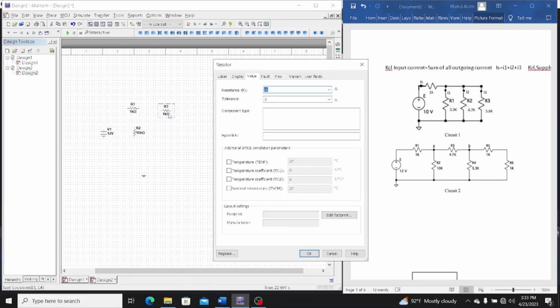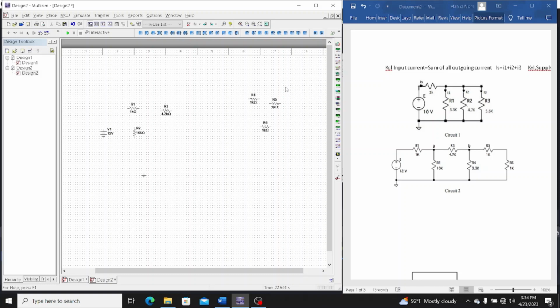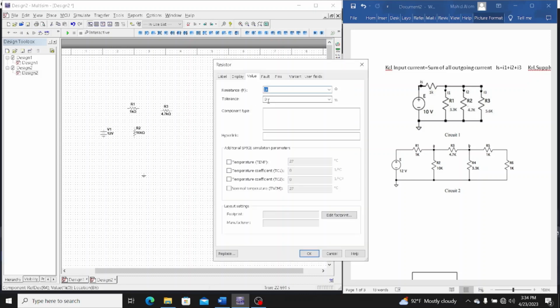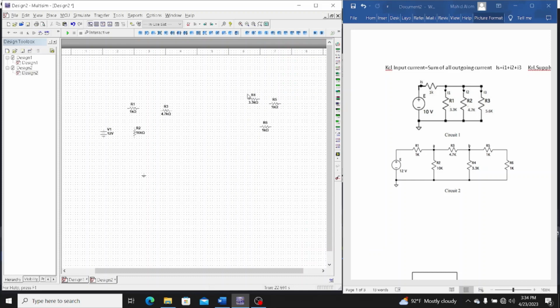So I just double click and the value is 4.7K, and R4 is 3.3 kilo ohm. R5 is 1K, so I don't need to change it, and R6 is also 1K, so I don't need to change it either.